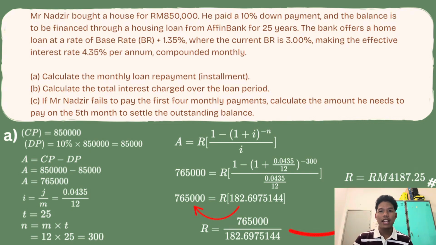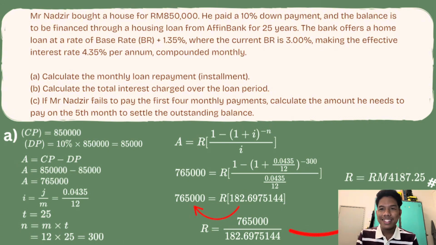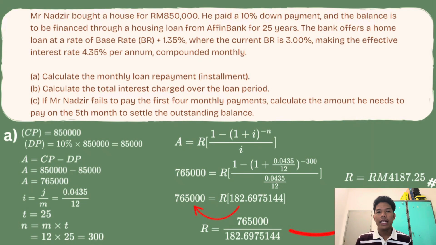The solution is: cash payment equals 850,000, down payment equals 10% multiplied by 850,000, and the answer is 85,000. So we need to find the A. The formula for A is cash payment minus down payment. So 850,000 minus 85,000, and A equals 765,000.